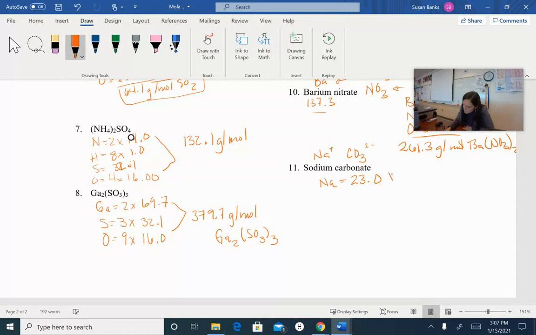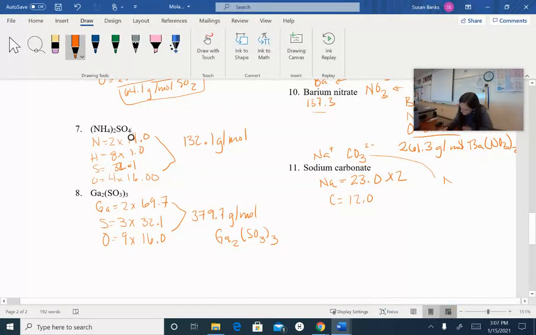So I'm going to need to multiply my sodiums by 2 because I need 2 of them. I have 1 carbon. My carbon's mass is 12.0, and I've got 3 oxygens. Let's write this formula here. Na2CO3. And I'm going to have 3 oxygens.